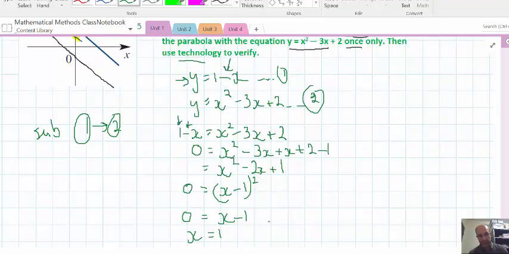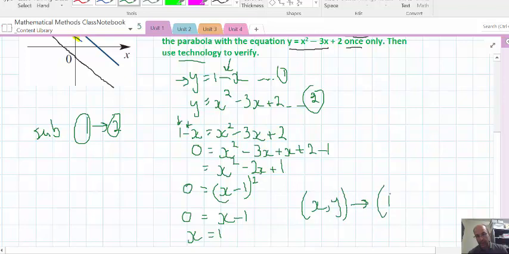Now a point of intersection is an ordered pair. Basically it needs an x and a y value to make a coordinate. So we've got 1, and we can use either of these equations to find the y value. Let's keep it easy and use equation 1. So y equals 1 minus whatever our value for x is, and it's 1. So 1 minus 1, which is 0. So it's at the point (1, 0).